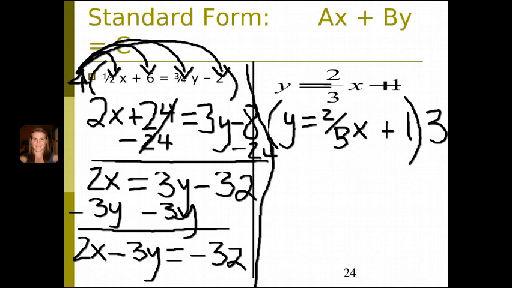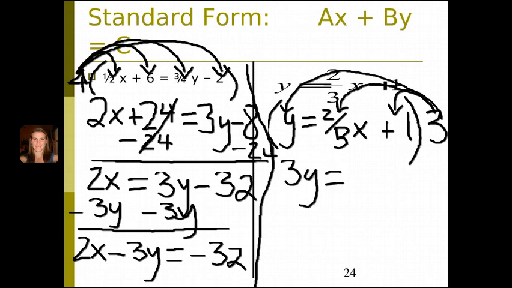So we're going to multiply 3 times y, 3 times 2/3 x, and also 3 times 1. 3 times y will give us 3y equals 3 times 2/3 x is 2x, and then 3 times 1 is 3.